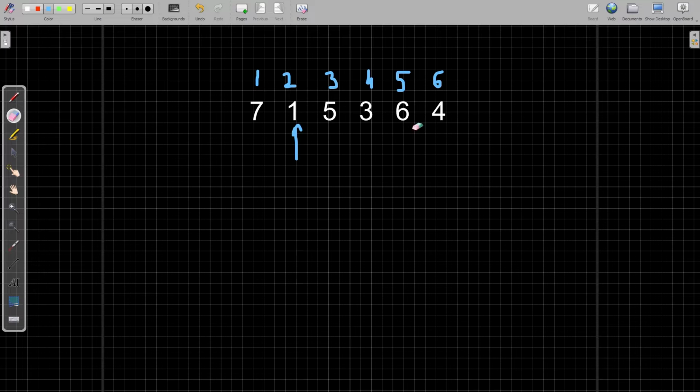So let me erase this and write on it. While my minimum is 1 and I'm at 5, 5 is greater than 1. So what I'm checking, 5 minus 1, it's 4. So I'm updating the max to 4. So currently max equals 4. Okay, so I'm moving to 3 then.